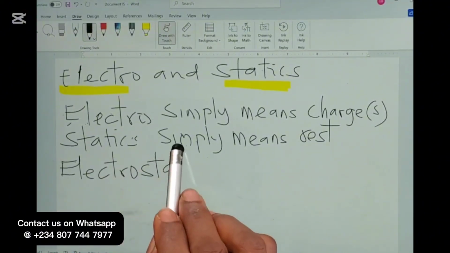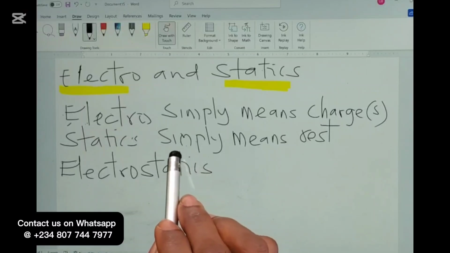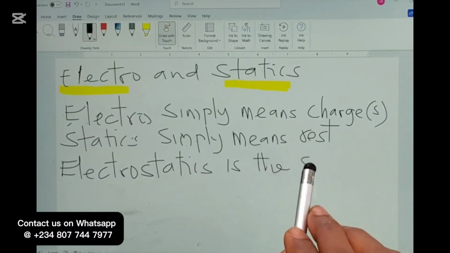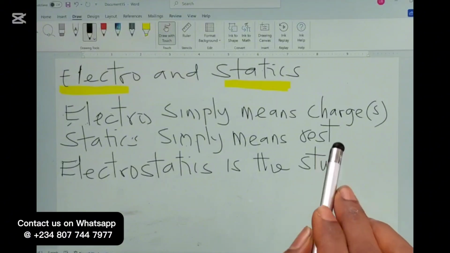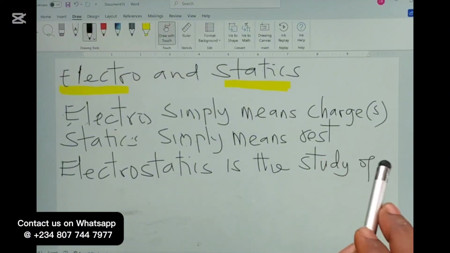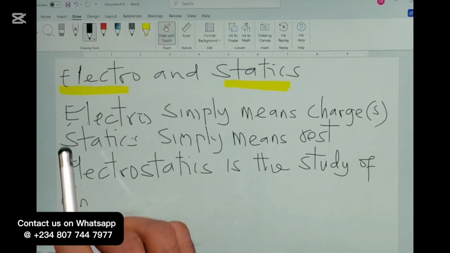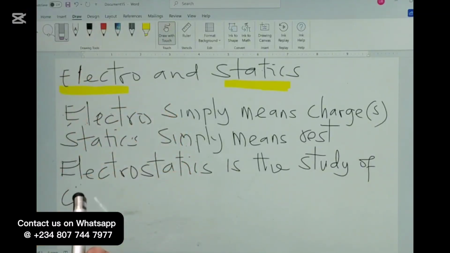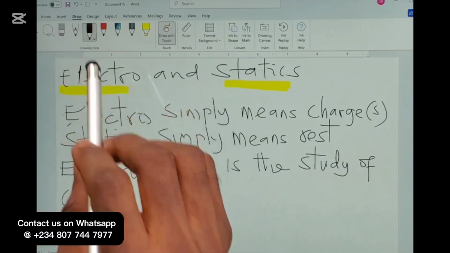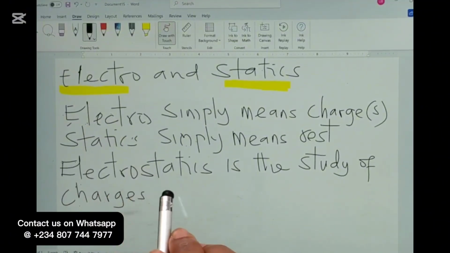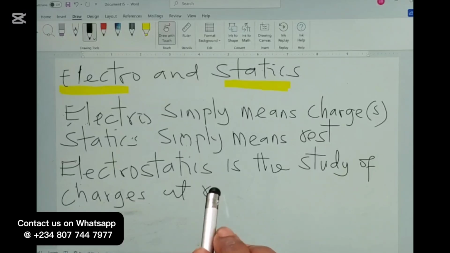Electrostatics is the study of charges at rest.